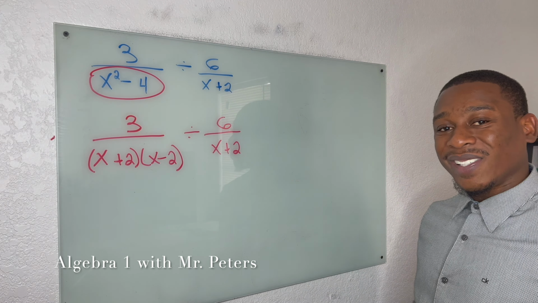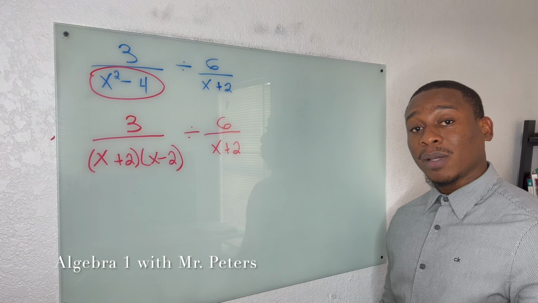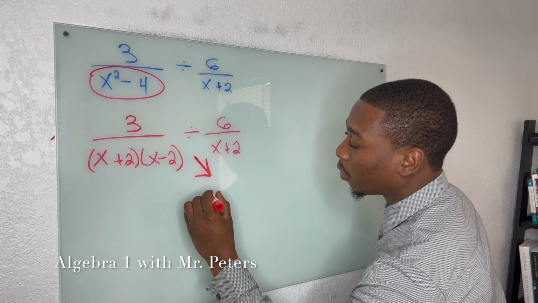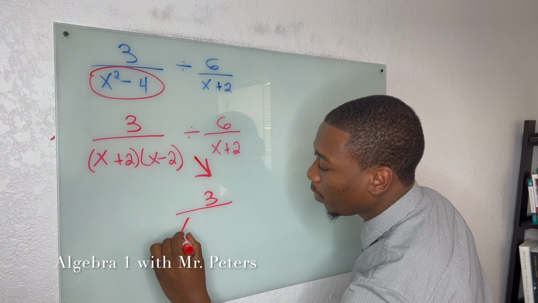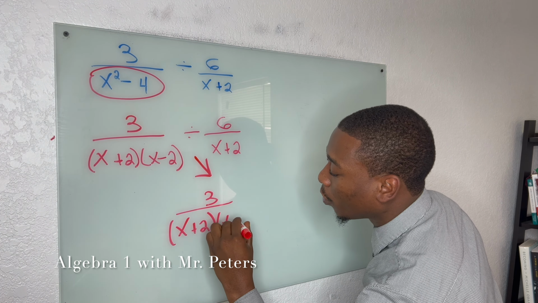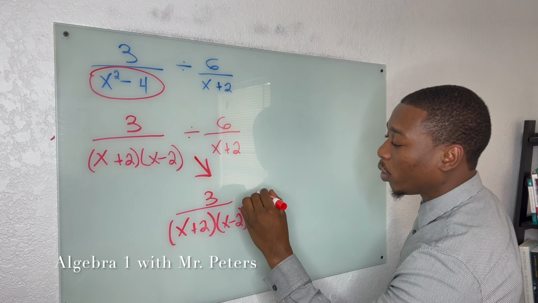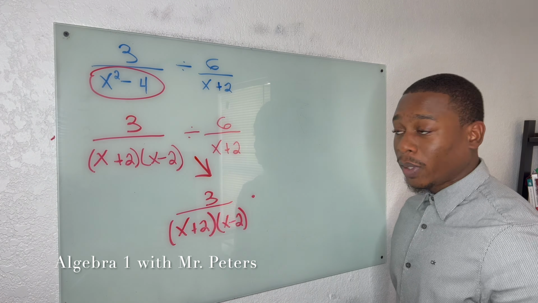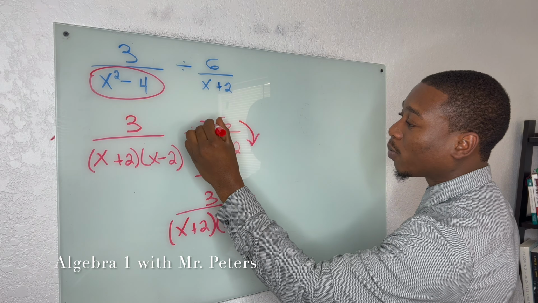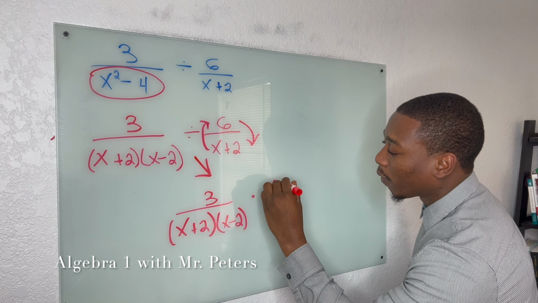And what we could do is actually multiply by the reciprocal. So what does that mean? So we're going to move this problem here and we're going to flip it. So this is what I mean. We change our division sign into multiplication, and then we're going to take 6 and bring it to the denominator, x plus 2 to the top in the numerator.